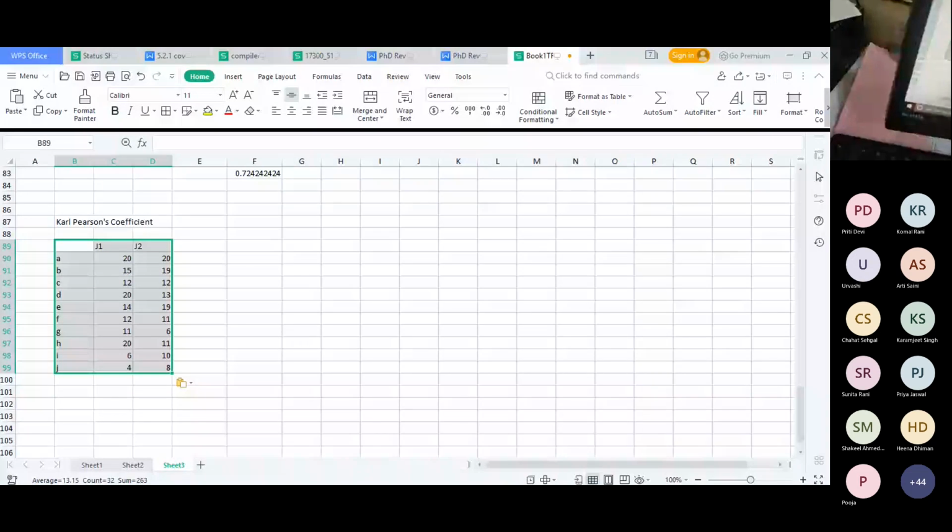Fine. So this is the data given to me, and I have to apply Karl Pearson's coefficient of correlation formula.